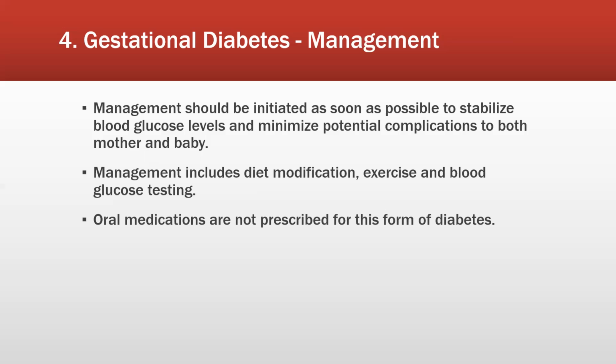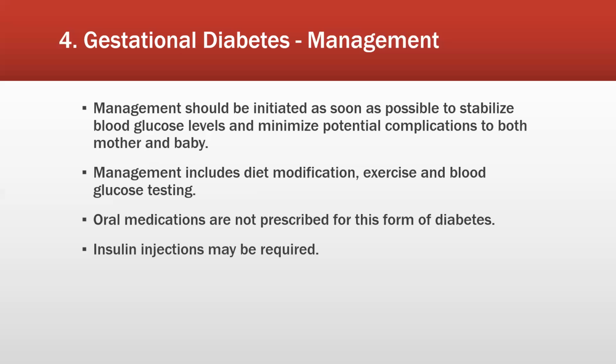Generally, oral medications that we'll see in our adult patients are typically not going to be prescribed for this form of diabetes. However, they may need to have insulin injections to help normalize those glucose levels.